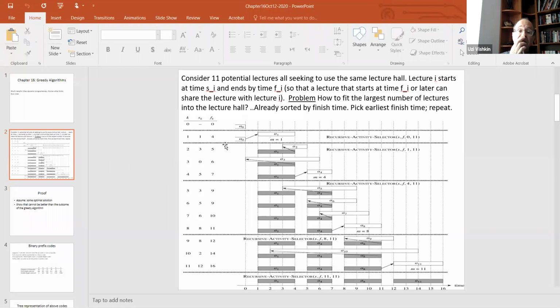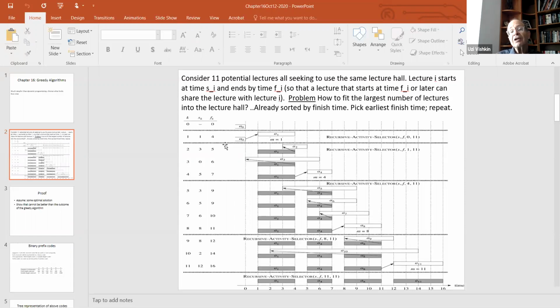If your solution has this lecture as well, let's omit it from both and proceed. Let's omit it and everything that overlaps it and apply this consideration again.